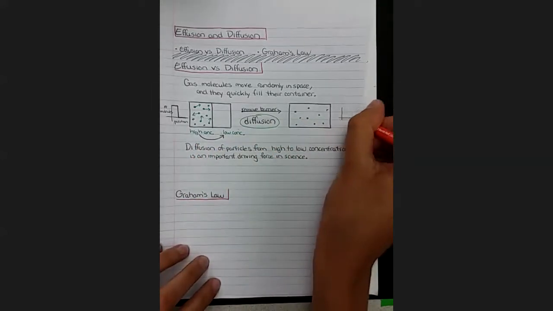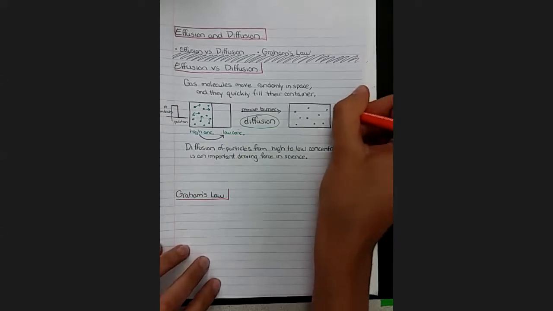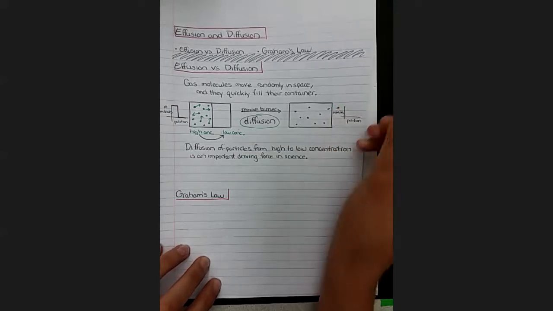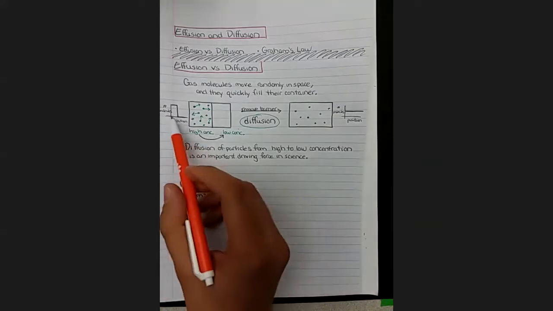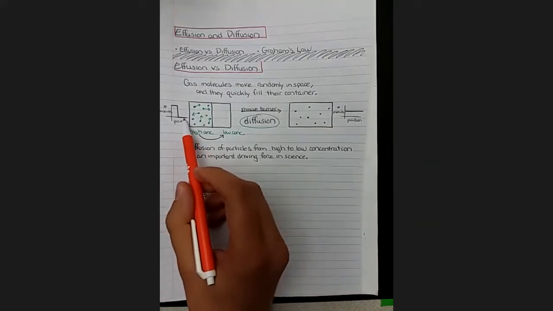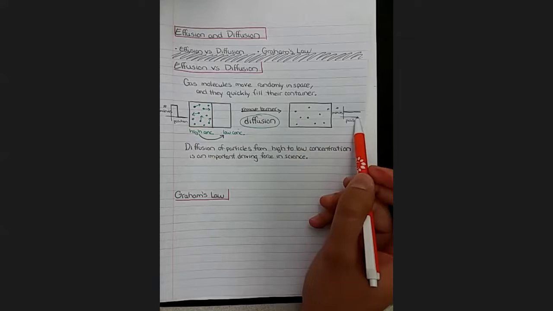If we were to draw that distribution again for the after picture, after diffusion has occurred, we would have a lower value for the number of molecules that was constant all the way across. So this is the process of diffusion, going from all or nothing to evenly distributed throughout.